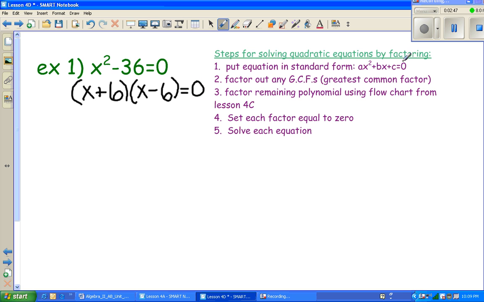So it was already in standard form. I factored out any GCFs. There weren't any. We used our flowchart to factor out the binomial. It was a difference of squares. Now, I have each factor, there's 2 here. I'm going to set each one individually equal to 0.